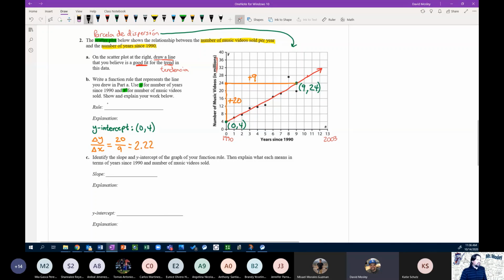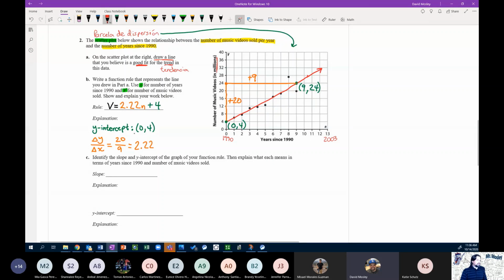So we have V equals the rate of change times N, 2.22 N plus 4.